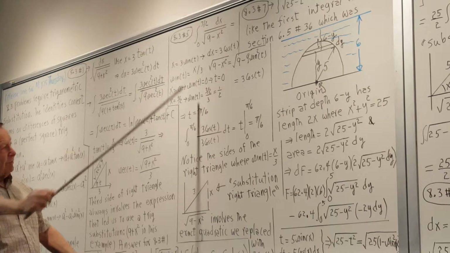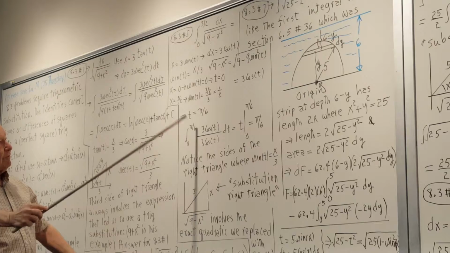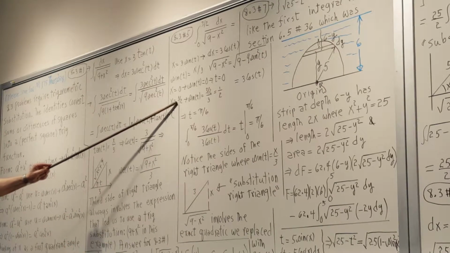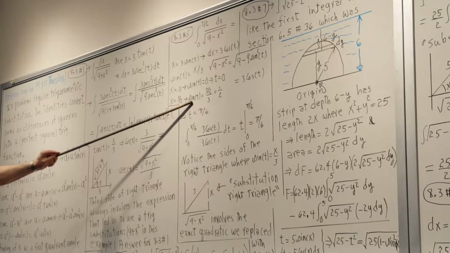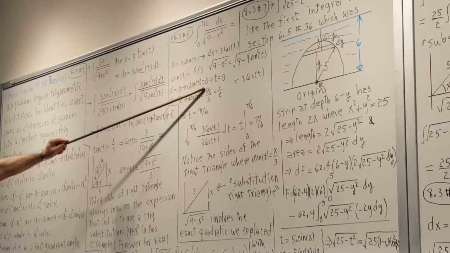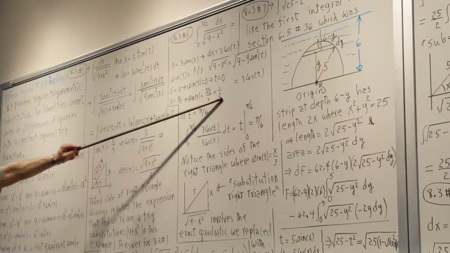So the new bottom limit on t is also 0. But for your top limit, your x is 3 halves, and your sine t is x over 3, so it's 3 halves over 3, so sine t is a half.